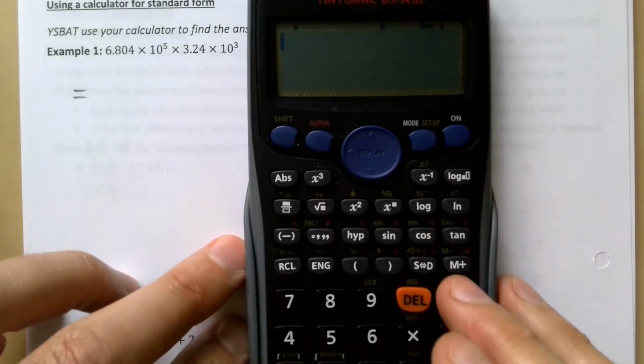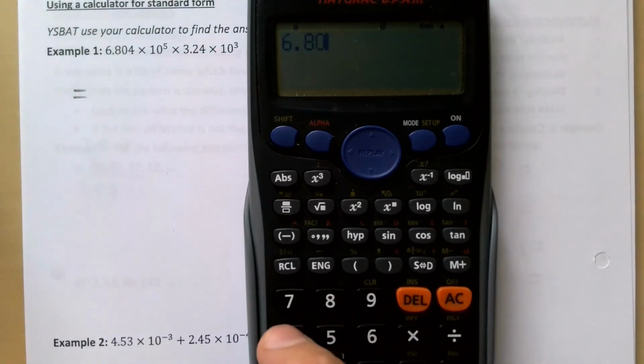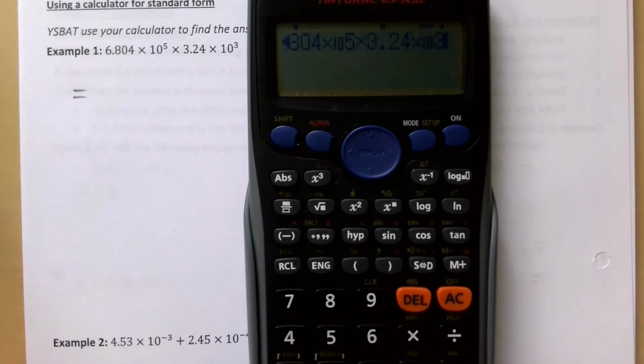So we are going with 6.804. I've just hit that button. The power of 5 multiplied by 3.24 times 10 to the power of 3.